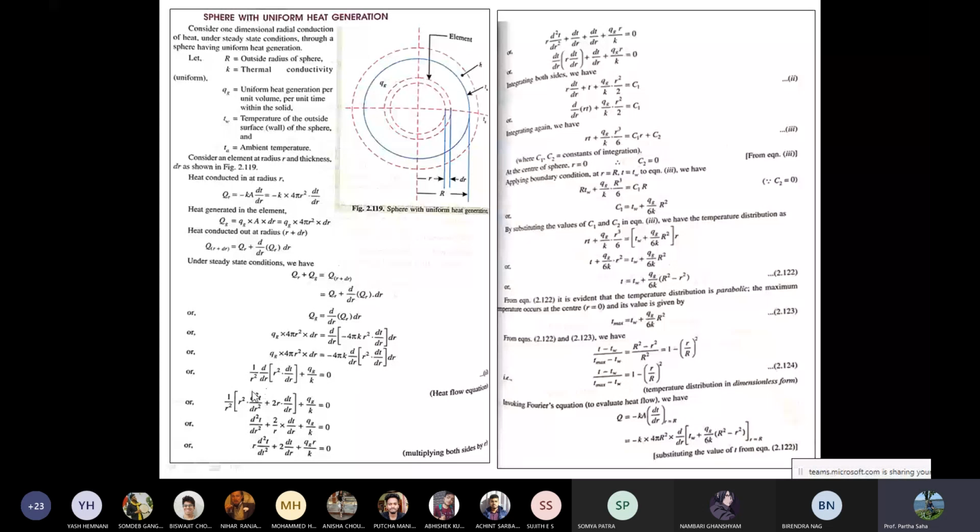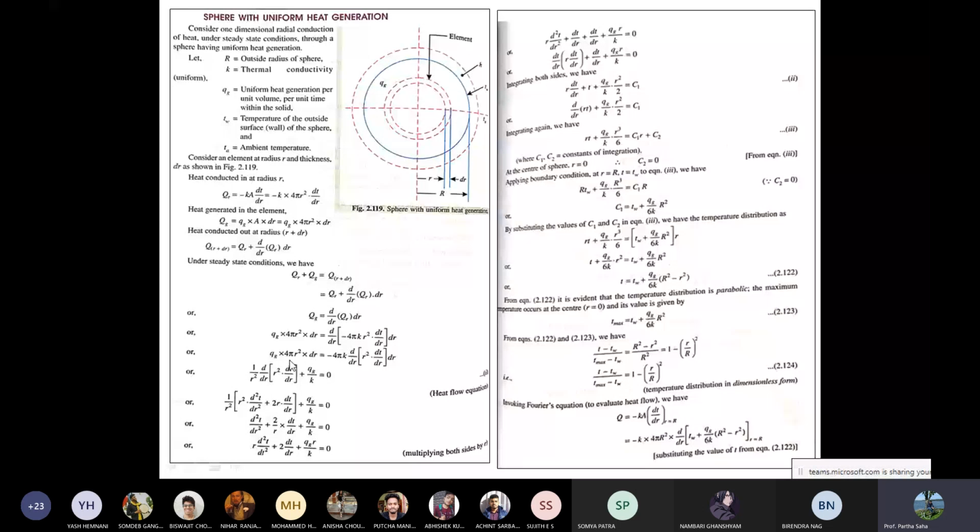If you divide it by r square, it becomes 1 by r square d by dr of r square dT by dr plus Qg by k equal to 0. Both sides you have divided by 4 pi r square k and dr. So actually this term has been rearranged. Now you can write this expression as 1 by r square d by dr of r square dT by dr. There are two variables, so you can take the partial derivative.